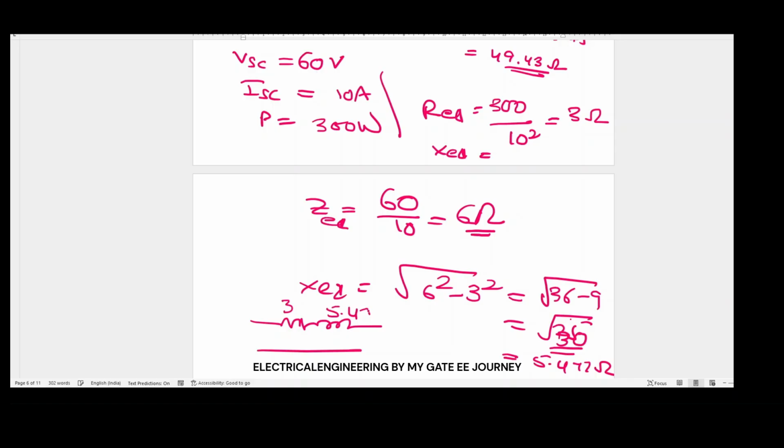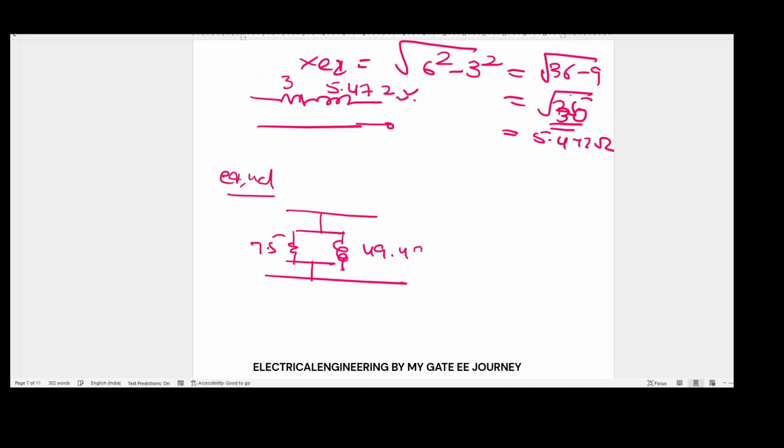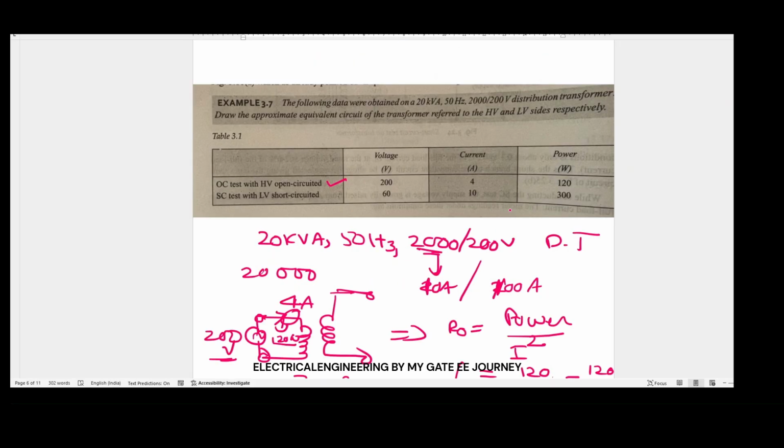Here we calculated R is 7.5, X is 49.43, and R equivalent and X equivalent are 3 by the ratio squared. The ratio is 2000 by 200, which is 10, so 3 by 10 squared, 100.